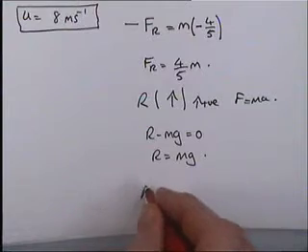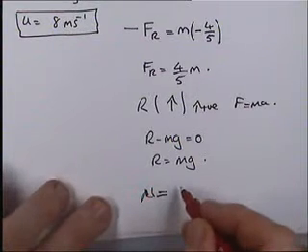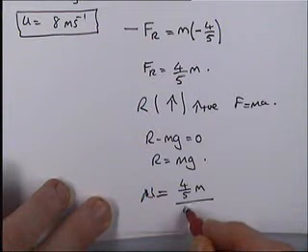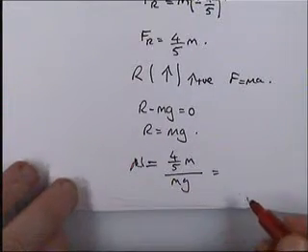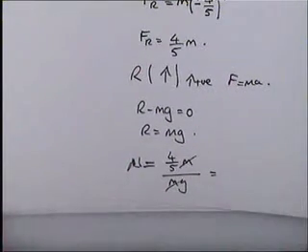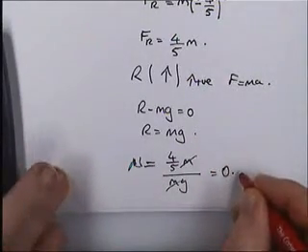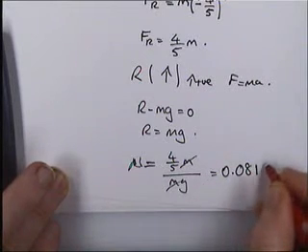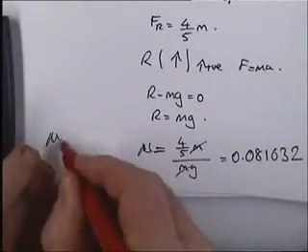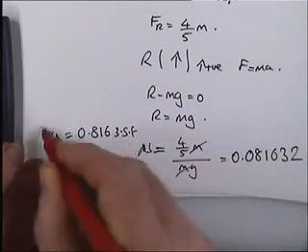So mu equals 4/5 of m divided by mg, and that's why we didn't have to worry about not being given a mass, because the masses cancel, and we get 4/5 divided by 9.8, which is 0.081632. So I can say that mu is 0.816 to 3 significant figures.